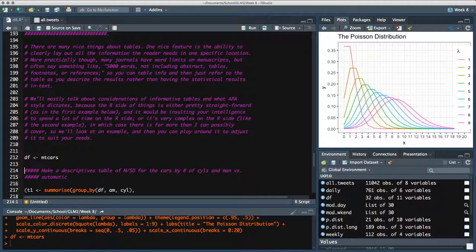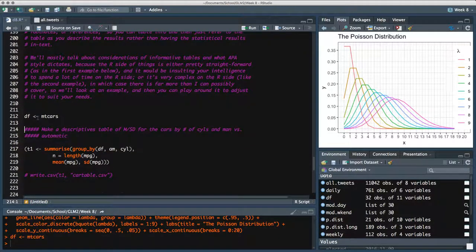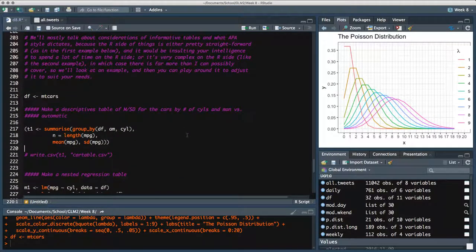So if we just want to make a descriptives table, going back to the mtcars data set, we haven't used this since the beginning of last semester, where it's broken down by miles per gallon, cylinders, make, and manual versus automatic transmission. Basically, we just want to make a descriptives table of the miles per gallon, broken down by manual versus automatic transmissions and how many cylinders it has.